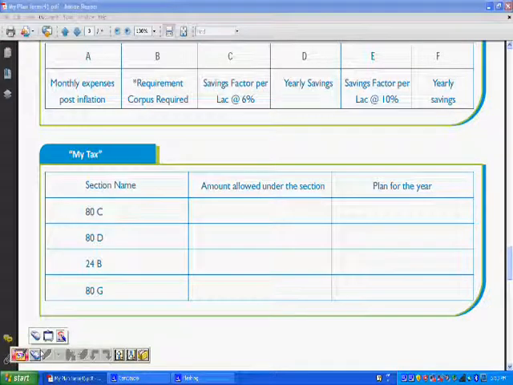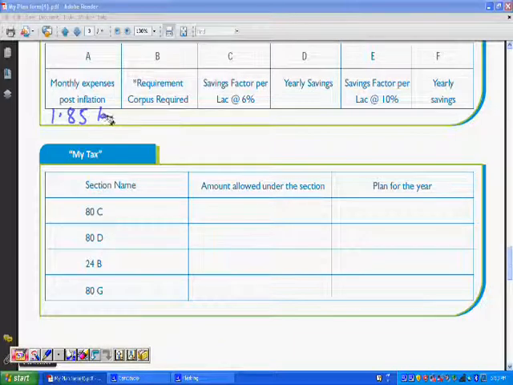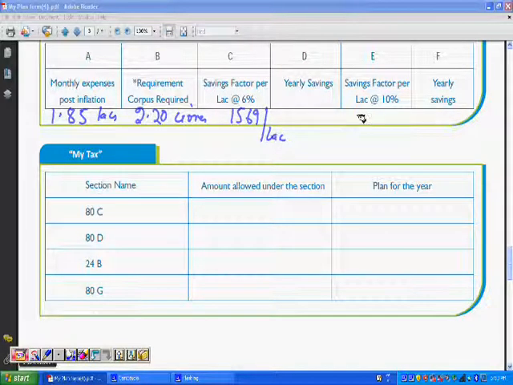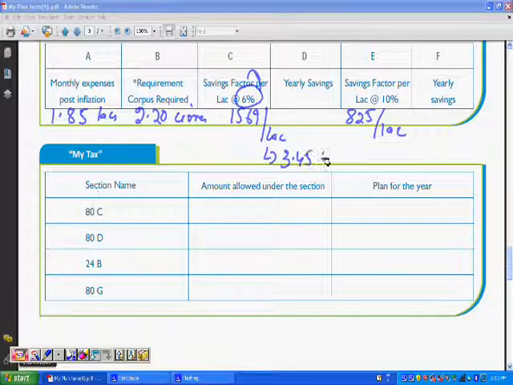So again, monthly expenses 1.85 lakhs, retirement corpus we created 2.20 crores. At savings factor at 6%, we had said 1569 per lakh, and here we had come to 825 per lakh. So for this figure, if you get 6% as your return, you need to save somewhere from today 3.45 lakhs.